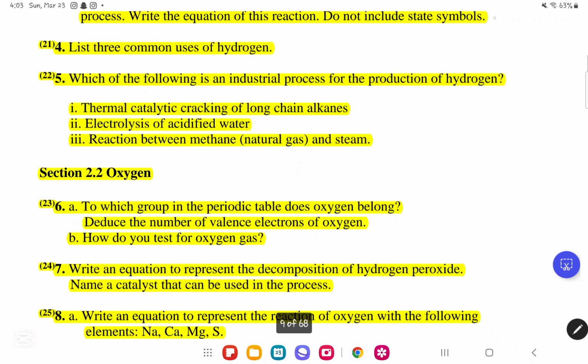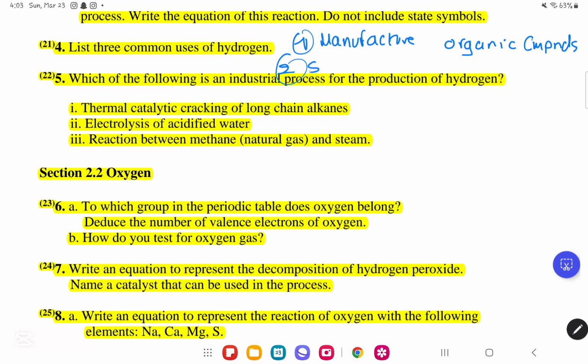It says, list 3 common uses of hydrogen. The first one is to manufacture organic compounds. Okay, the second one is synthesizing ammonia and hydrochloric acid. So, synthesizing ammonia, which is NH3, and hydrochloric acid, which is HCl.